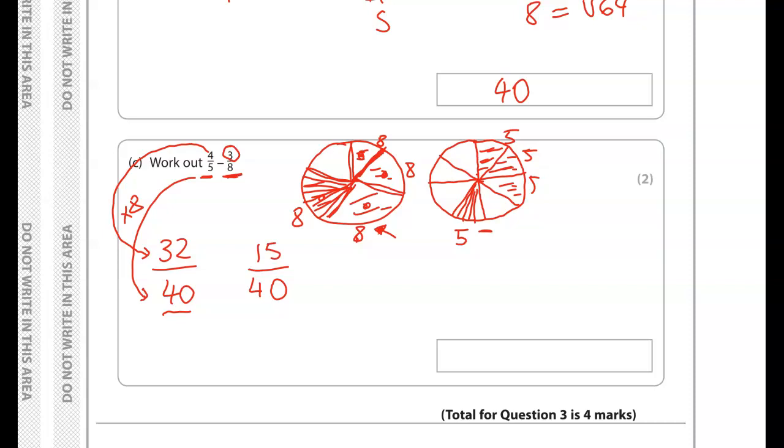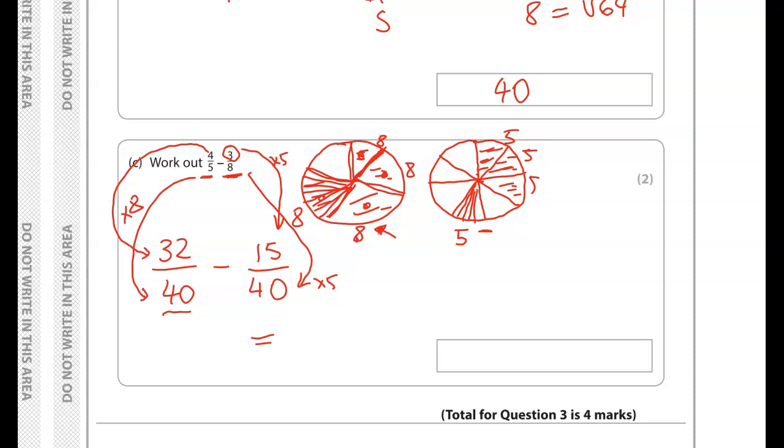As you can see, from 8 we've gone to 40, multiplying by 5, and from 3 we've gone to 15, again multiplying by 5. So now we can easily take away, because the slices are of the same size.